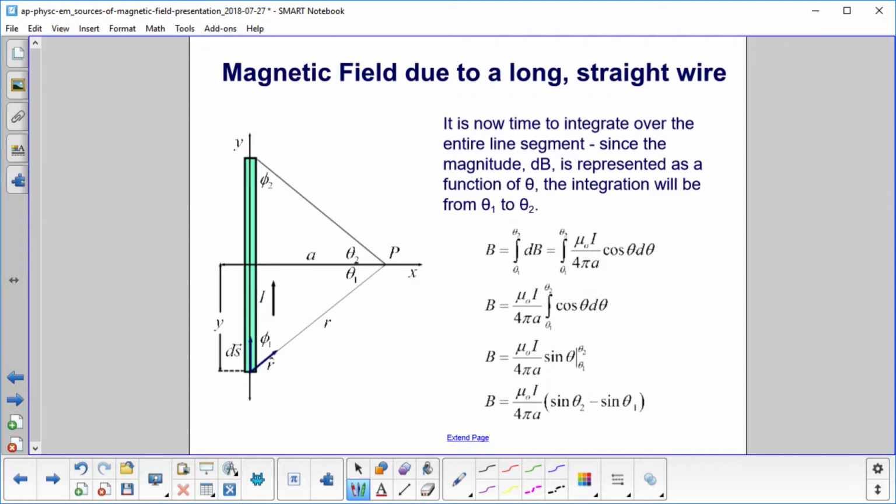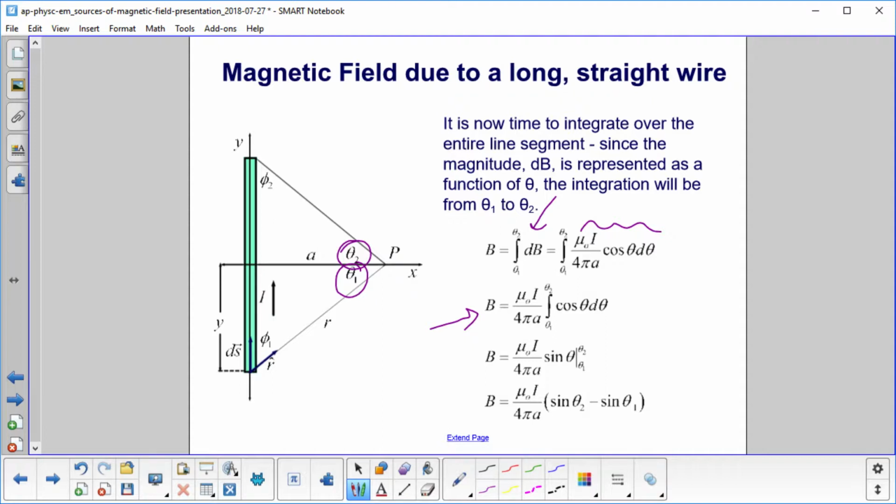Now we are ready to integrate over the entire line segment. The magnitude dB is represented as a function of theta. So we will integrate from theta 1, here's theta 1, to theta 2. So we'll be integrating dB from theta 1 to theta 2. We put in our expression for dB that took us several slides to get to. Pull the constants out, mu 0 I over 4 pi a. We're integrating now cosine theta d theta.